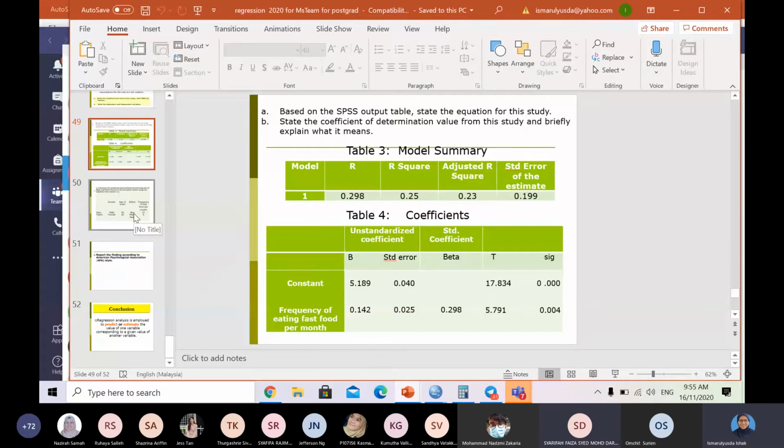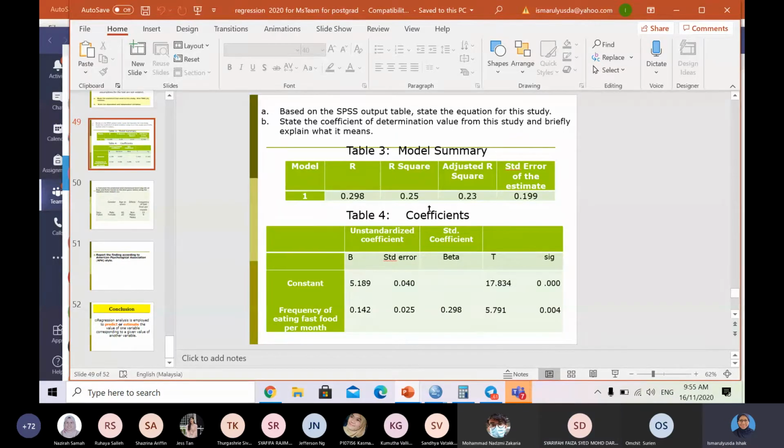Is the standard error of the estimate in the rightmost column not the error sum of squares, Doctor? I rarely use these figures. We rarely use rho. We use the R square. We don't use this. So we just use the R square just now. Yes, the R square.